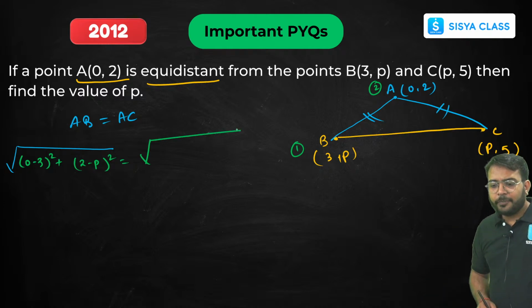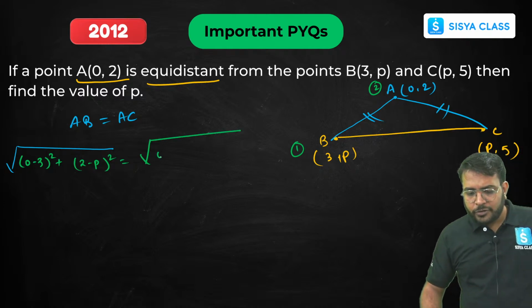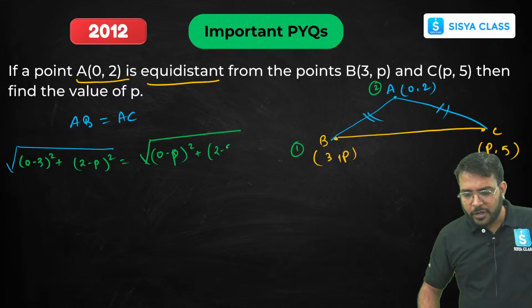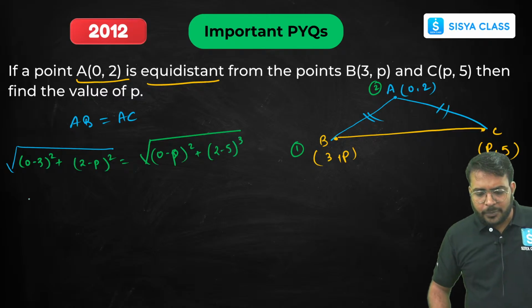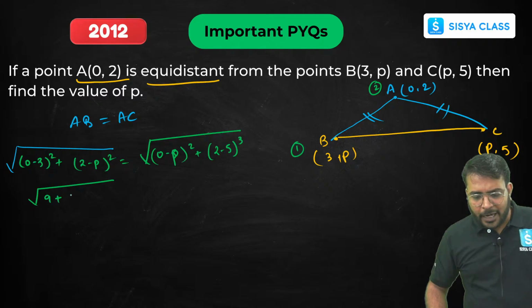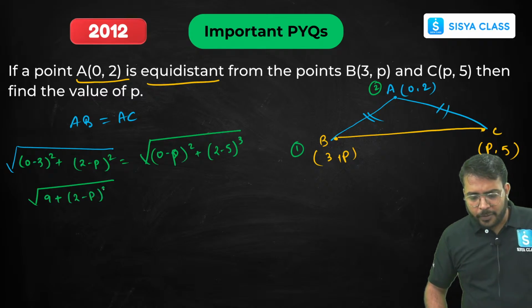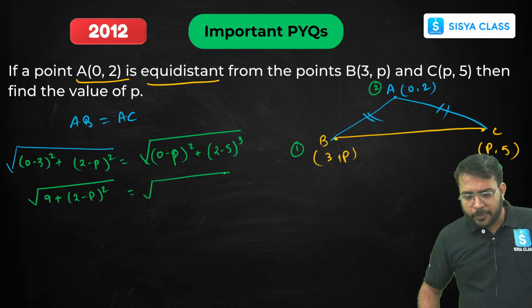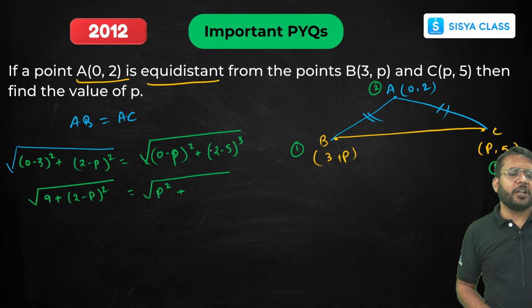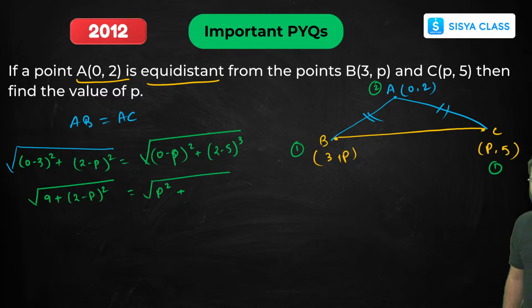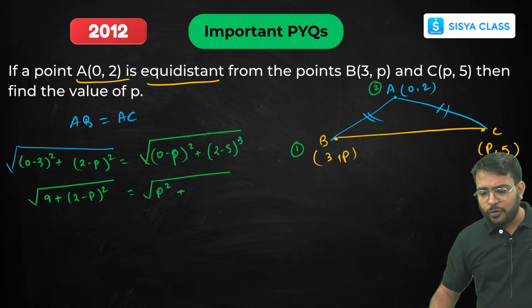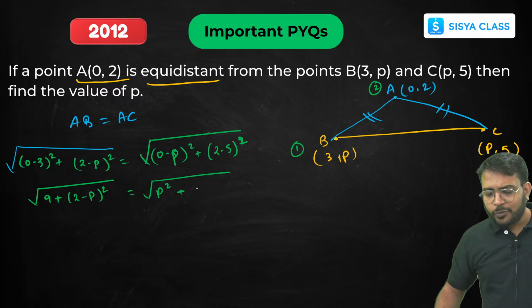AC, what is going to be AC dear? Again 0 minus p होल स्क्वायर प्लस 2 minus 5 होल स्क्वायर, ऑल राइट, ओके। सॉल्व करते हैं बेटा, क्या आ जाएगा, आई एम गोइंग टू गेट 3 स्क्वायर मींस 9 प्लस 2 minus p होल स्क्वायर इज इक्वल टू p स्क्वायर प्लस 5, 2 minus 5 means dear it is going to be -3, and -3 whole square means 9, yes or no?